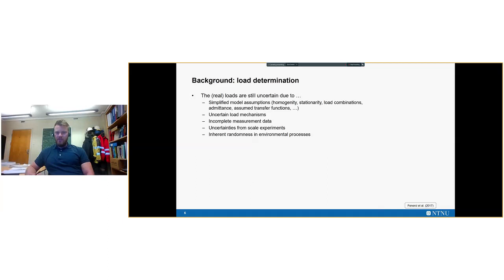And we also have some uncertainties from scale experiments. For example, in the wind tunnel, we have a small-scale model that we have to rescale to reality in order to have the real forces. And this introduces some uncertainties. And lastly, we will always have some randomness that we cannot predict in the environment around the bridge.